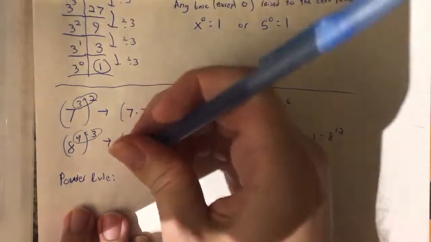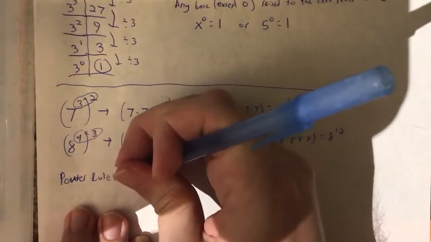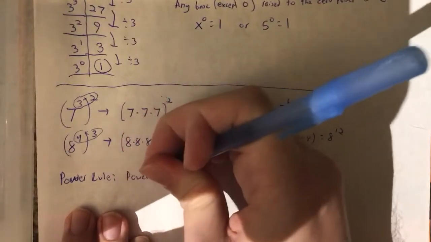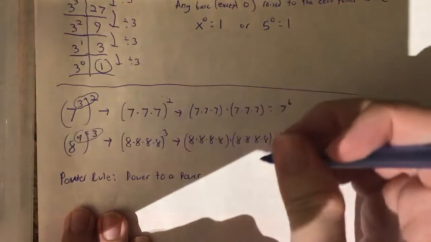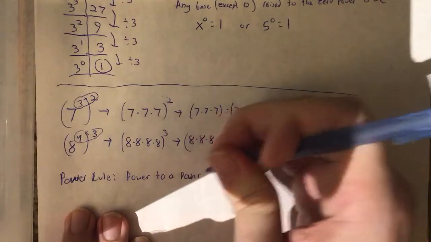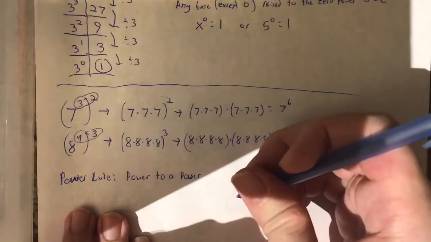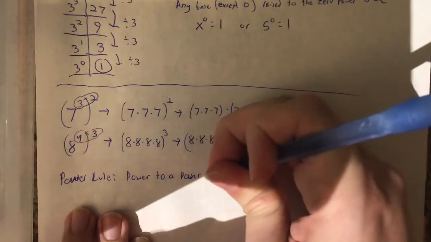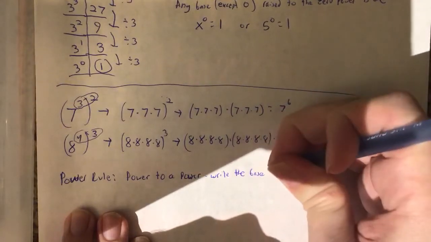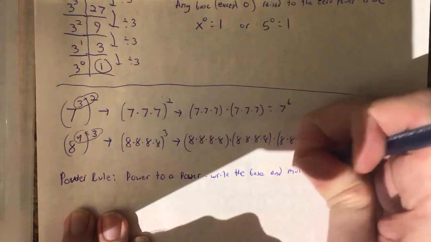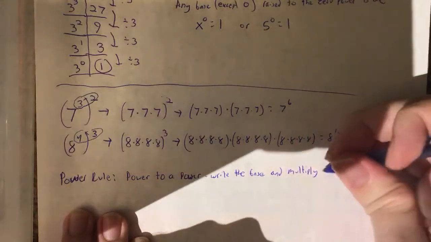And the power rule just states, when I have a power to a power, that's when it's in parentheses, raised to something else. It must be in parentheses to use this rule. Power to a power. You write the base, and multiply the exponents.